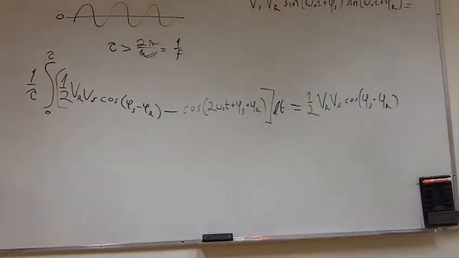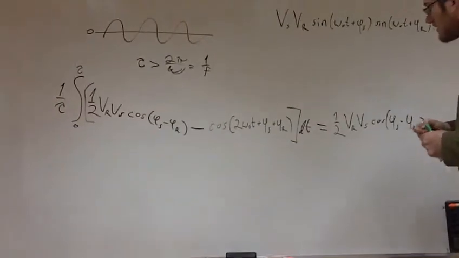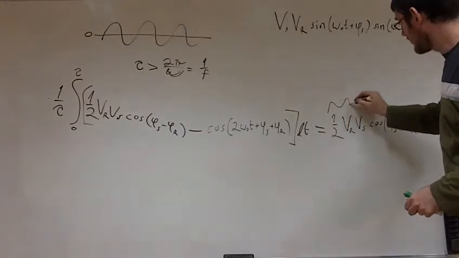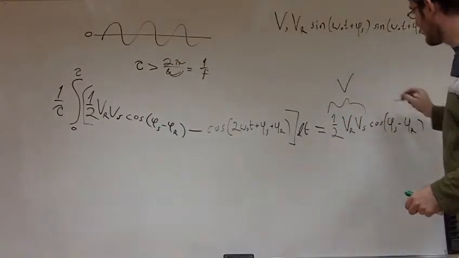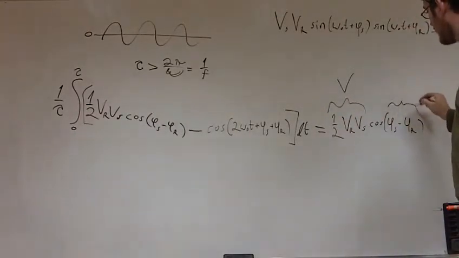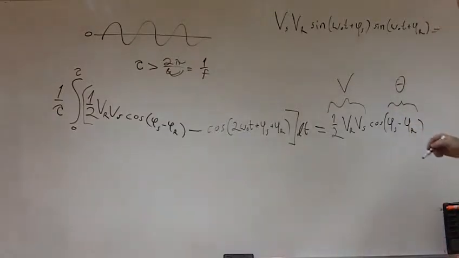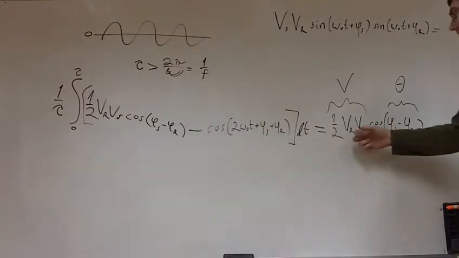Now just to make it simple, we'll call this part V and this we're going to call theta. We see that this part has to do with the amplitude of the signal.